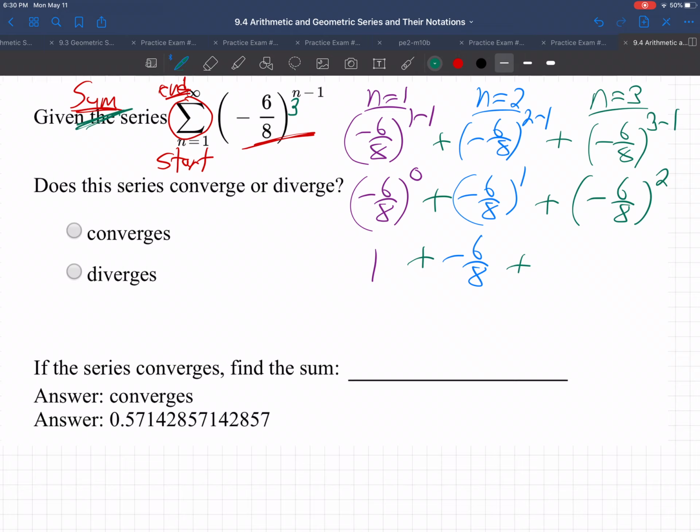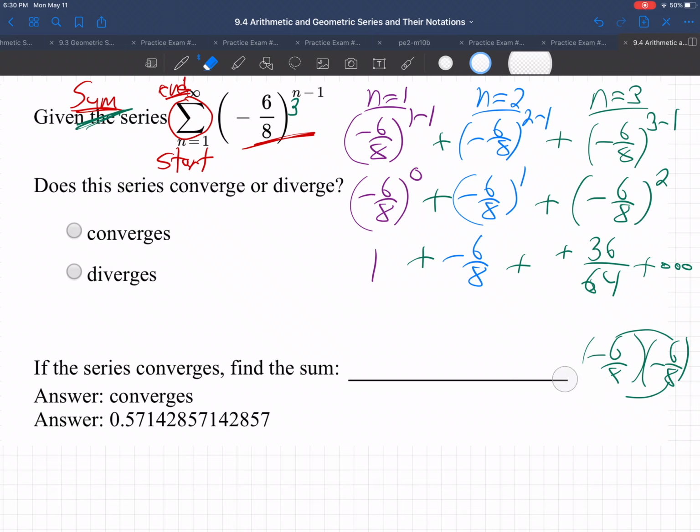So you square that. So that means minus 6/8 times minus 6/8, right? Two negatives multiplied to be positive. 6 times 6 is 36. 8 times 8 is 64. Plus... And away we go. All right, so we're adding up those terms forever.